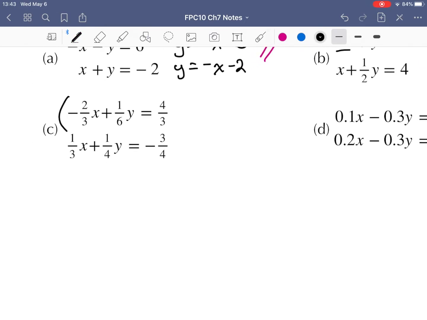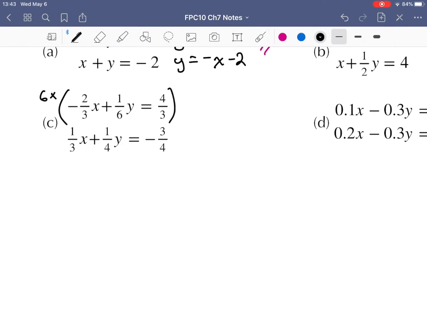All right, now I'm going to demonstrate how to do these two because this way of manipulating functions is very important. This top equation here, I'm going to multiply everything by 6. When I multiply everything by 6 in the top equation, 6 times 2 is 12, 12 divided by 3 is 4.